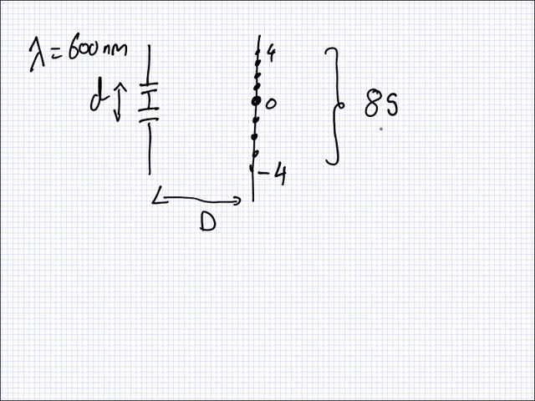Got an answer, Matt? Siva? Kim? Okay. And what did they say the distance between the fourth and minus 4 on the screen is? 25 millimeters, you said? 24 millimeters, okay.